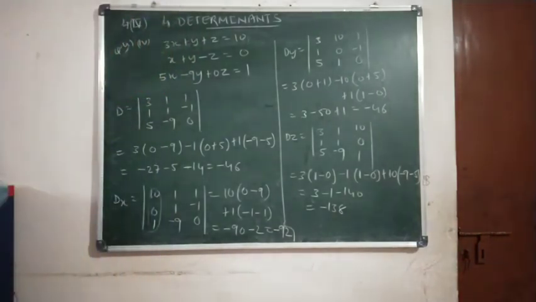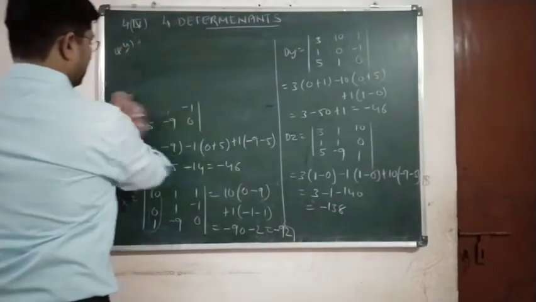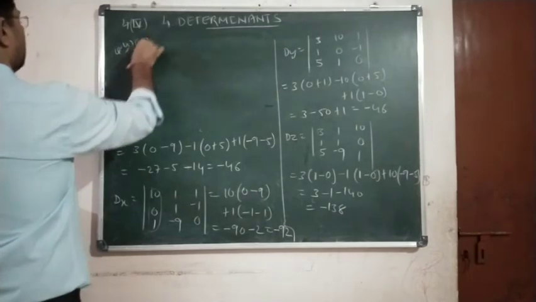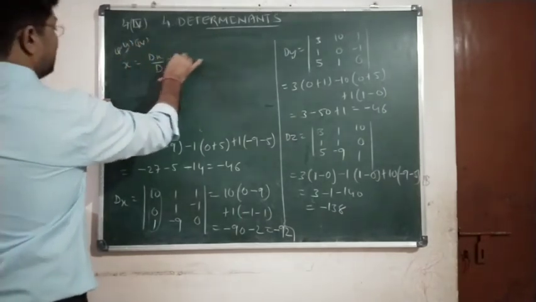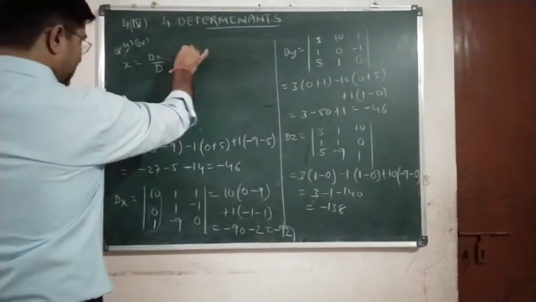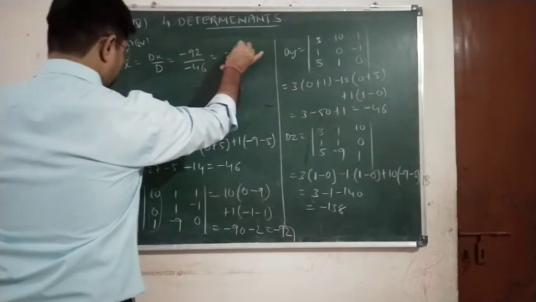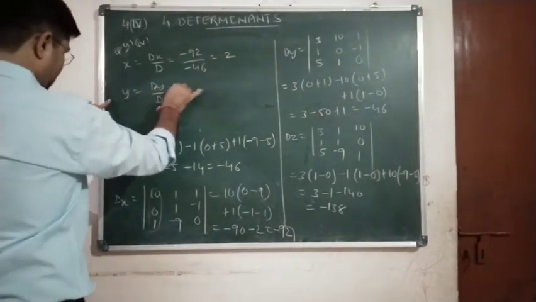Now we can find out x, y, z. Number 4. Now x is equal to dx upon d. So dx is minus 92 upon minus 46, which is equal to 2. Y is equal to dy by d.